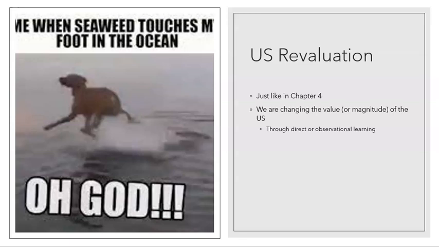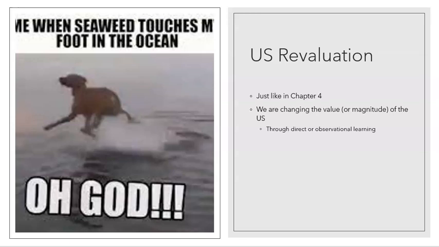And then, of course, there's your US revaluation. We talked about this in more detail in Chapter 4, but this is where we're changing the value of that US. Again, think about that equation that we talked about with the Rescorla-Wagner theory, where your US has a value, or we talked about it as a magnitude.